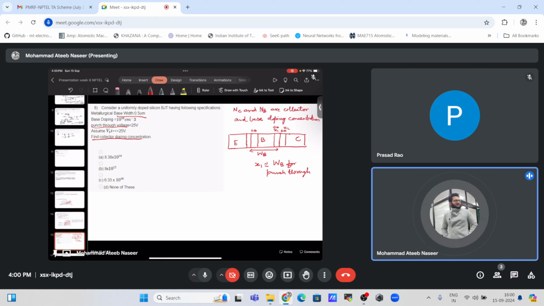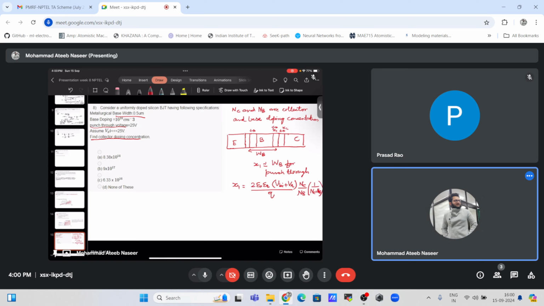Since this x1, which is the depletion width on the base side of the base collector region, will simply be the square root of 2 times epsilon naught epsilon r, which is our simple formula, divided by q, times VBI plus Vr, which we got by solving for the PN junction through the Poisson equation, times NC by NB times 1 by NC plus NB.